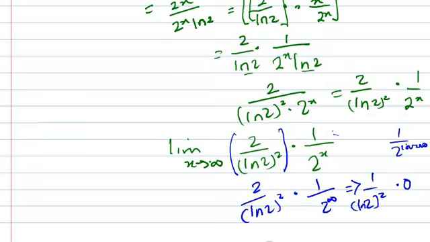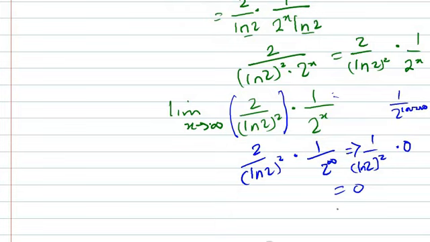So 0 multiplied by this, the answer is going to be equal to 0. So 0 times the whole thing is equal to 0. So the answer for this question is 0.